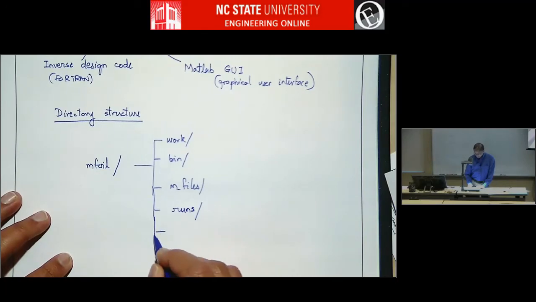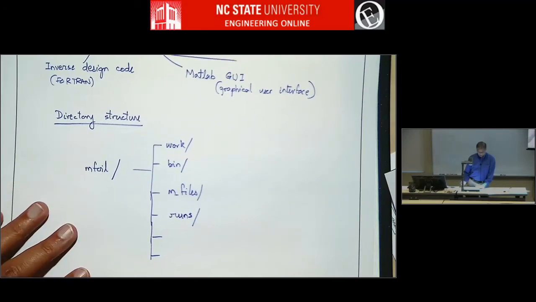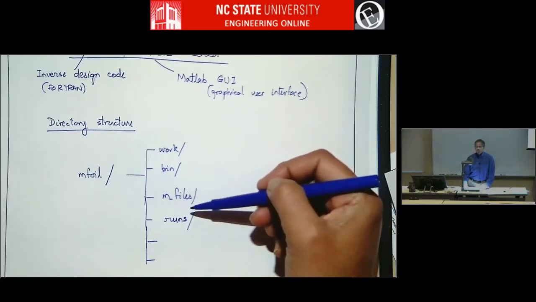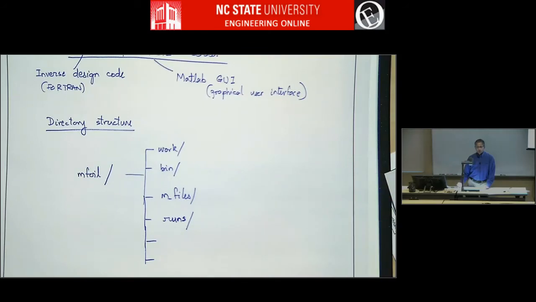There may be other directories which you could create, but you download mfoil and it will create these 4 important directories or folders. Don't go and alter it, okay? The MATLAB interface assumes that this is the structure. If you go alter it, then the MATLAB interface won't work.